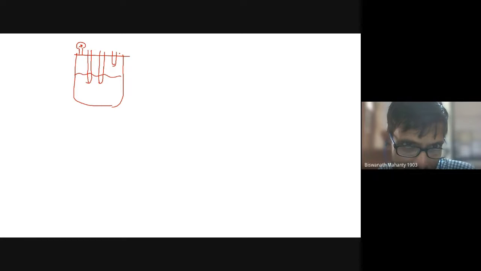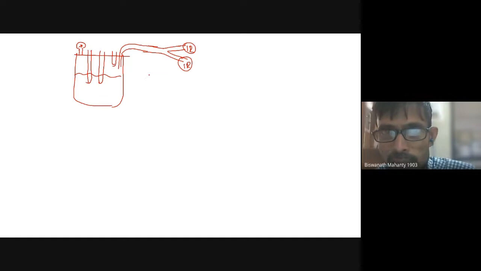Now, exhaust gas, right? When it is coming out, we can pass this gas through an IR measuring device, infrared measurement, for oxygen and carbon dioxide, if you want. So the IR beam passes through and we can measure. We can also have a flow meter.